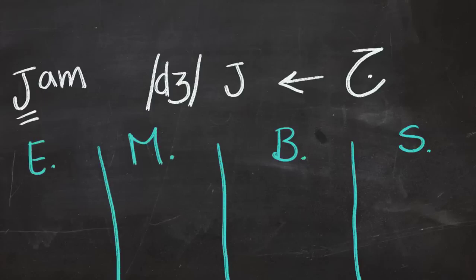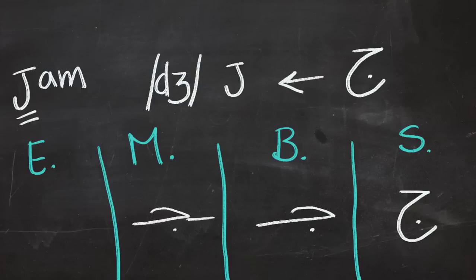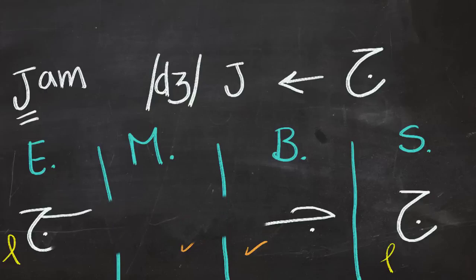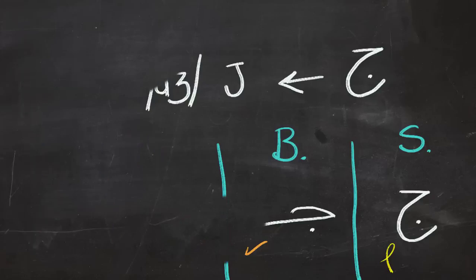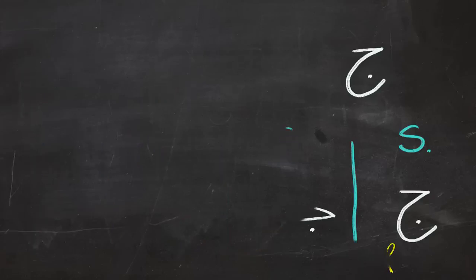And the 4 different positions, like we talked about before: separate, beginning, middle, and end. Of course, it will have the 4 different shapes. 2 of these shapes will look so much like each other, the middle and the beginning. They look almost the same. And the end and the separate also look strikingly the same.